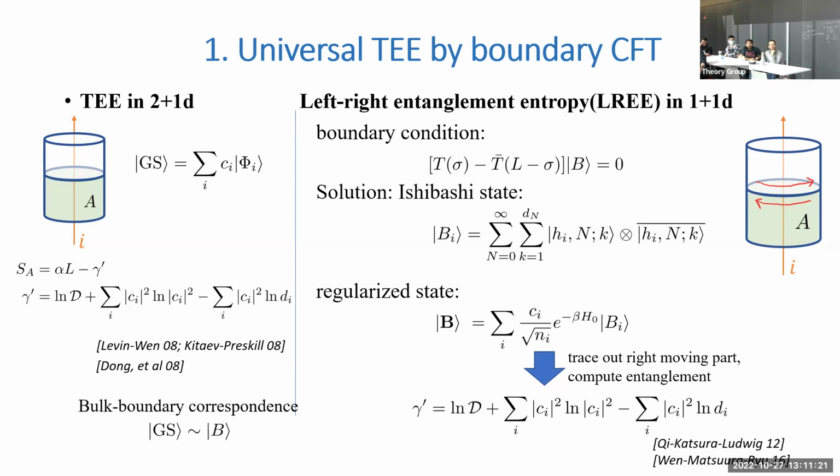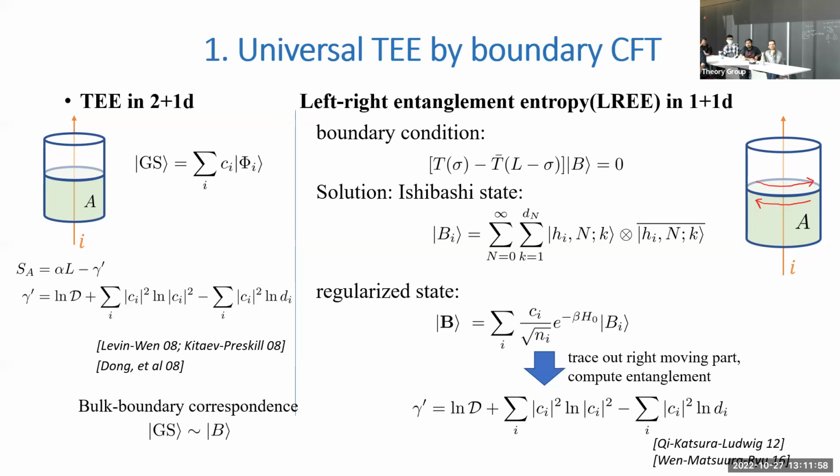So my way to understand this problem is that suppose we compute the entanglement entropy in a 2 plus 1 D bulk, say on the torus. In that case we can have many different degenerate ground states, and then we can think about the general linear combination of the degenerate ground states.